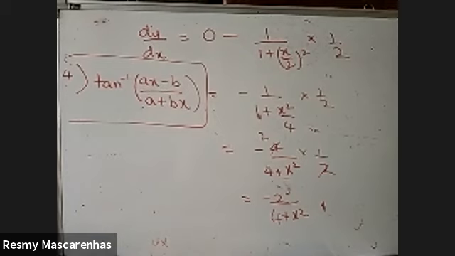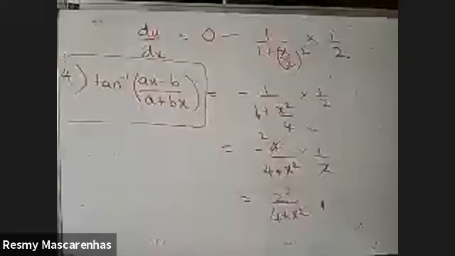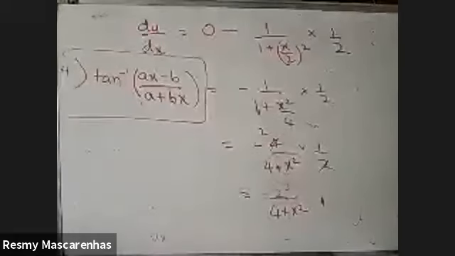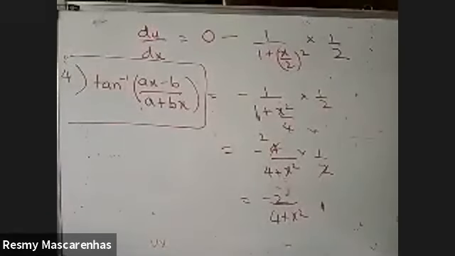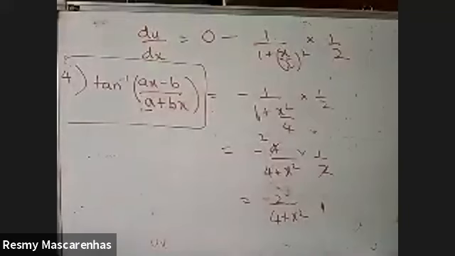So you'll make that term 1. Divide numerator and denominator by a now. This term I need as 1. So divide numerator and denominator by a.